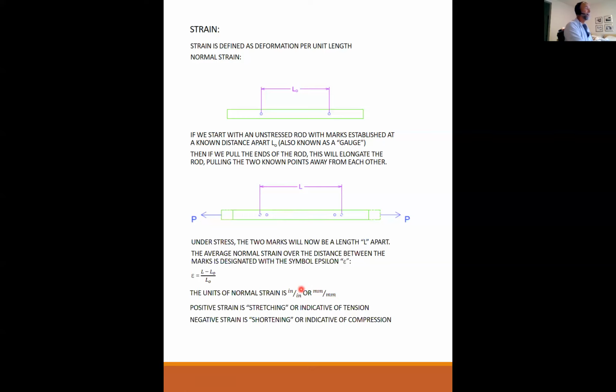And yes, I know that inch per inch cancel each other out and you could say no units, but we don't want to do that. We insist on reporting strain as so many inches stretched or compressed per inch. It keeps us in line with what we're talking about: something that is stretching out so many inches per inch. And by the way, these are usually very small numbers.